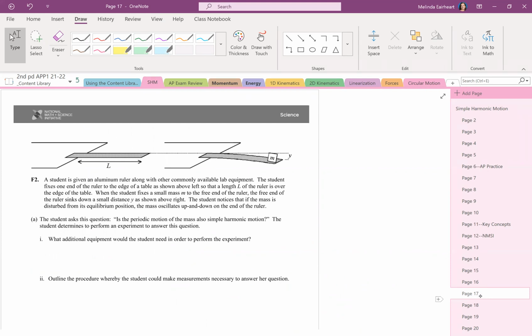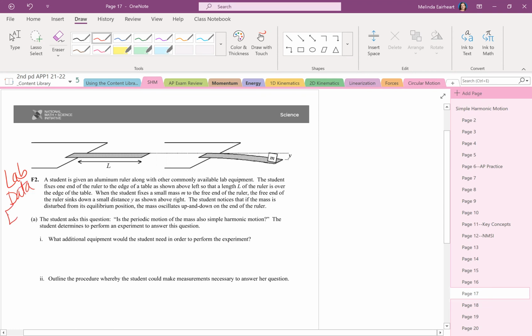So I look at this one and I think, oh, diving board, right? That's not really it, it's a ruler. This is F2 on page 17. By the way, F2 in NMSI, these are always going to be your lab-based or data-based or experimental-based questions. NMSI always makes them F2. Now, I'll be honest, sometimes that means on the AP exam, Q2 is going to be your lab-based.